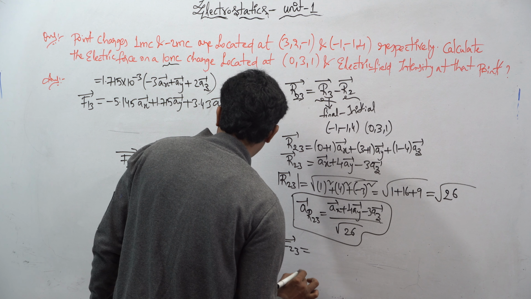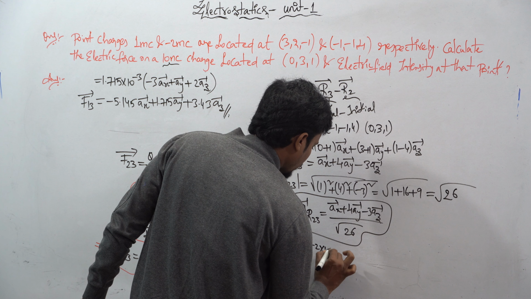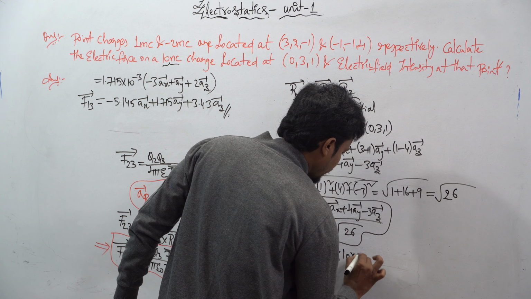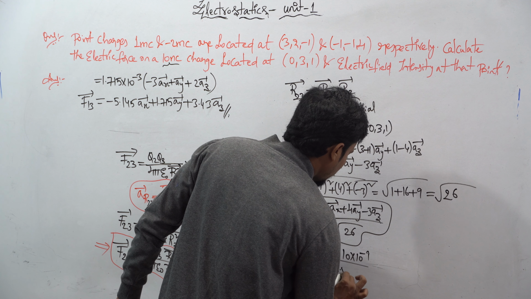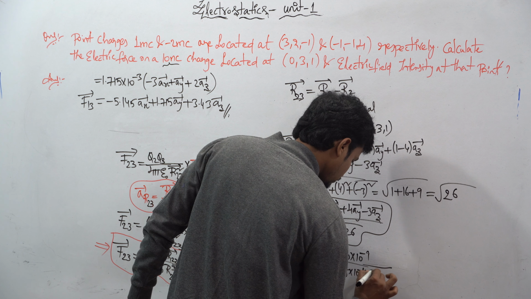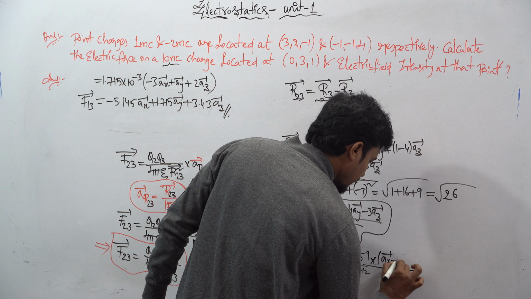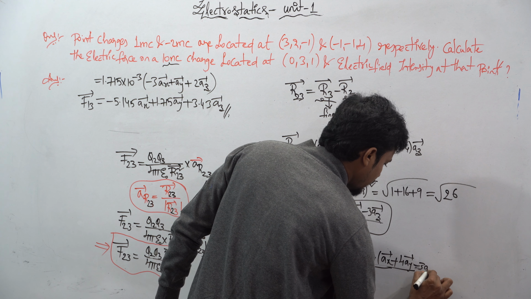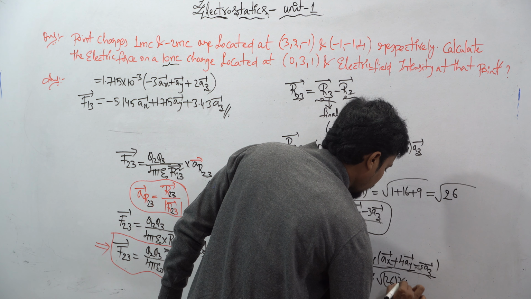F23 bar is equal to, what will be my charge q2? Charge q2 is minus 2 into 10 to the power of minus 3, into, what will be my charge q3? q3 is 10 into 10 to the power of minus 9, divided by 4 pi into epsilon naught, that is 8.85 into 10 to the power of minus 12, into (ax bar plus 4ay bar minus 3az bar) divided by root 26 whole square into root 26.